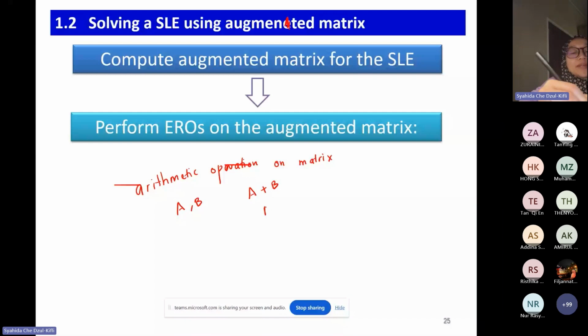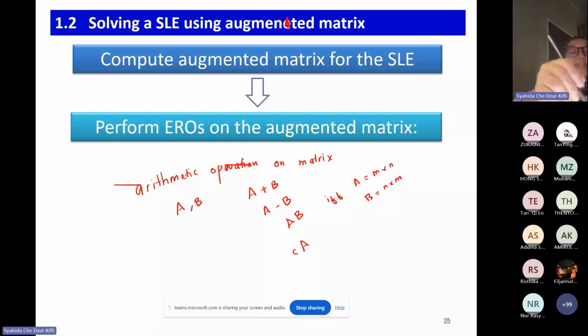We may also have A times B, that is AB, if A is an M times N matrix and B is an N times N matrix. And we also have scalar multiplication. So far we have 4 types of arithmetic operations on a matrix.